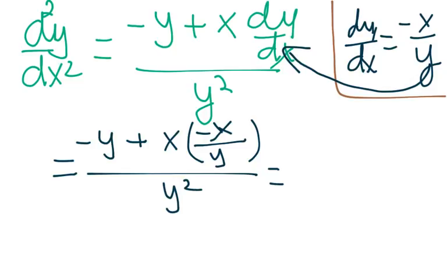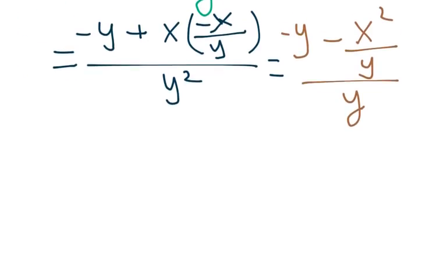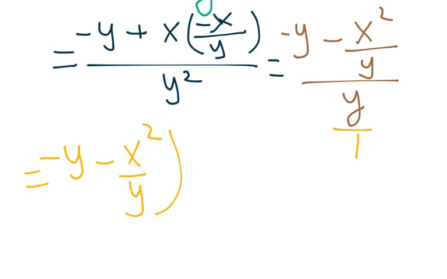Let's simplify this one. Negative y minus x squared over y, over y squared. Keep in mind when you divide, y squared is the same as y squared over 1. So this is the same as negative y minus x squared over y, times 1 over y squared.